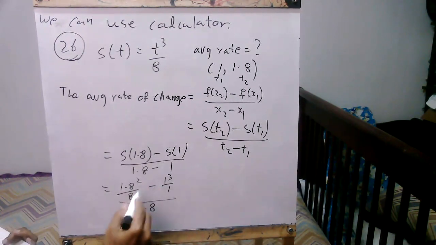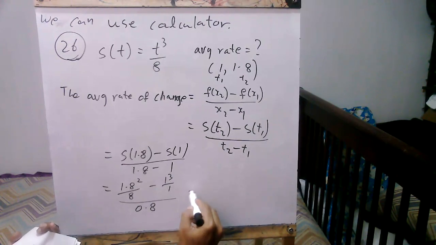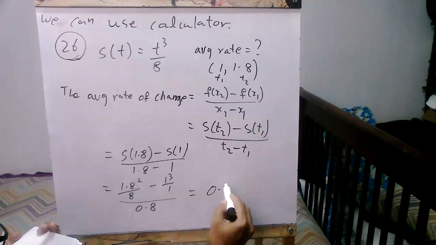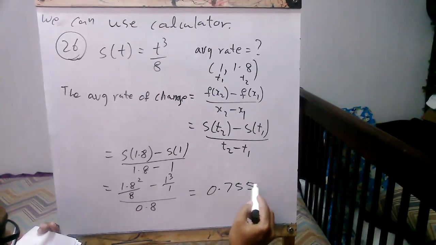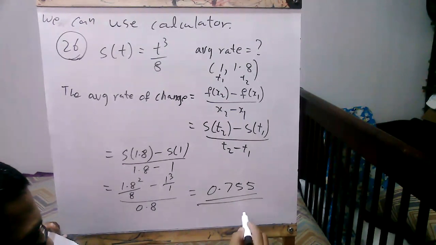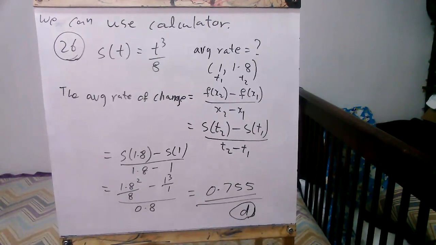Now you may use a calculator to solve this part. We get the answer, this is equal to 0.55, and this is the answer. This is answer choice D. Yes, it's answer choice D.